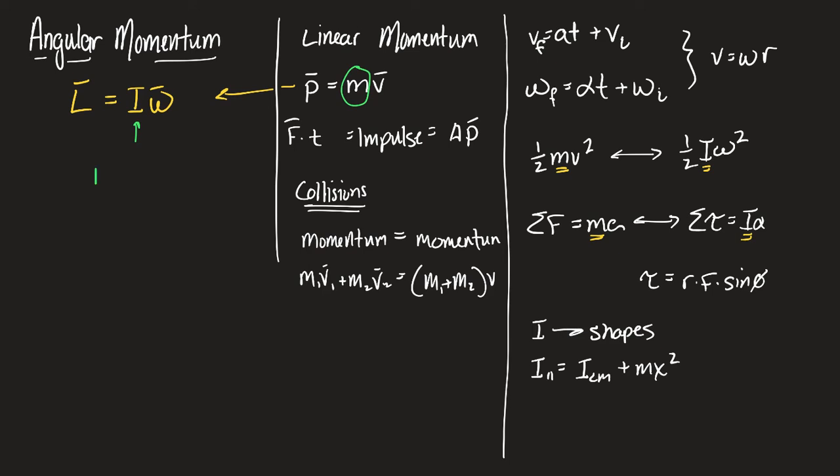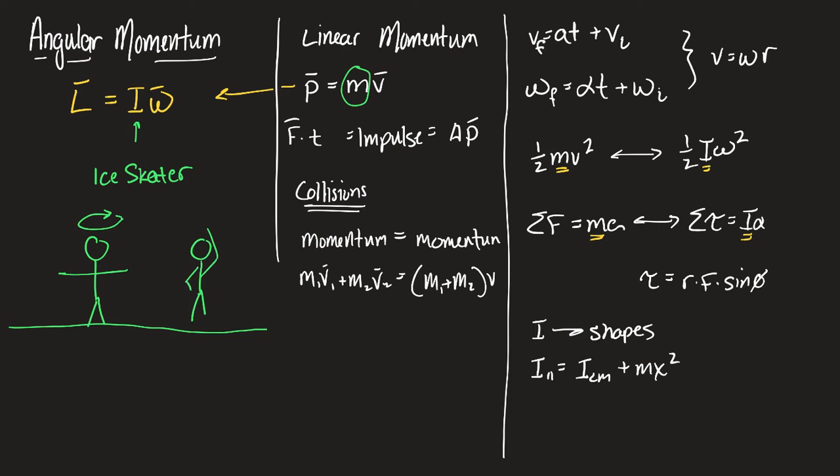The ice skater, if we watch them spin, we note that if they spin with their arms, here's my ice skater. I know you guys are definitely looking at my ice skater and saying, wow, that's amazing, and it is. If they're spinning, if they bring their arms in so that maybe you have one up and one down, we know that they spin differently as their arms come in.